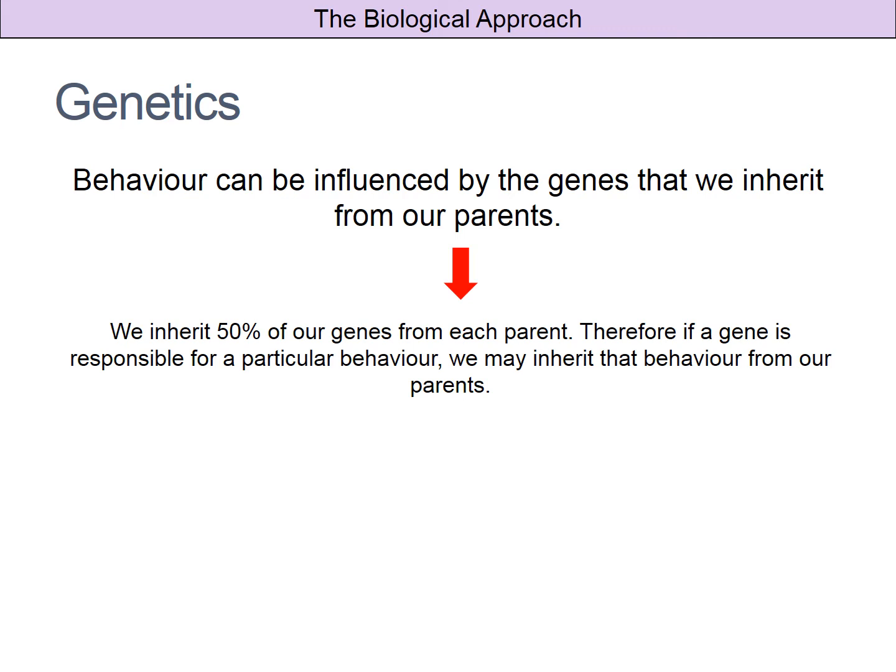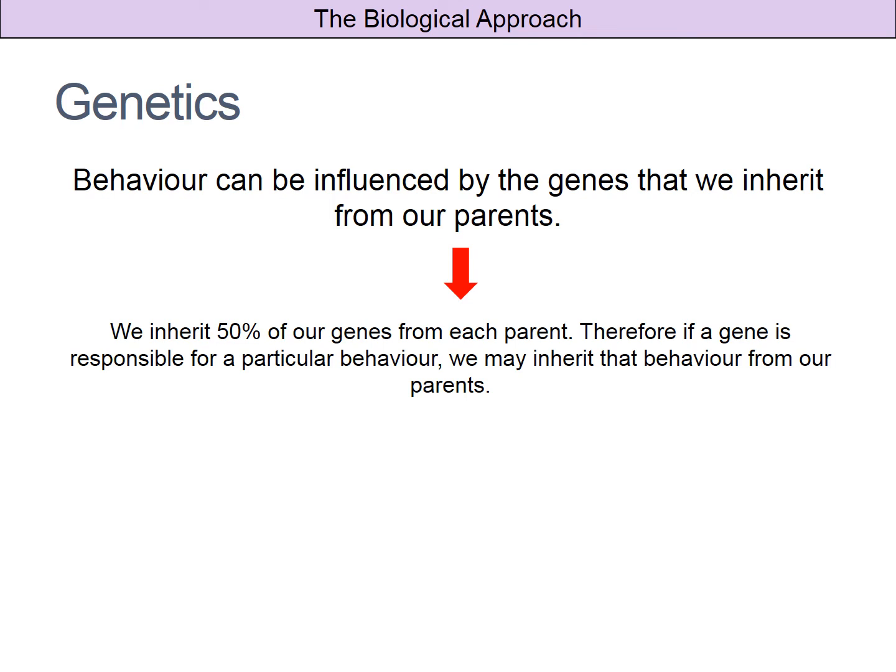Now, there are two key terms here which we're going to come back to when we look at biopsychology, but I will introduce them here, and that's genotype and phenotype. Now, a genotype is the specific genes that you have, but just because you have a particular gene doesn't mean that gene will be expressed. So the phenotype is the expression, the physical expression of a particular gene, and that is also influenced by the environment. Now, that's something which is known as the diathesis stress model, and as I said, we will return to that later in the course.